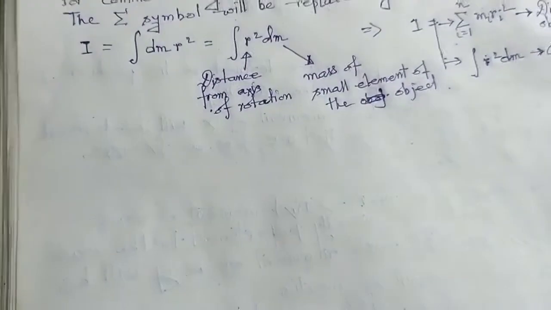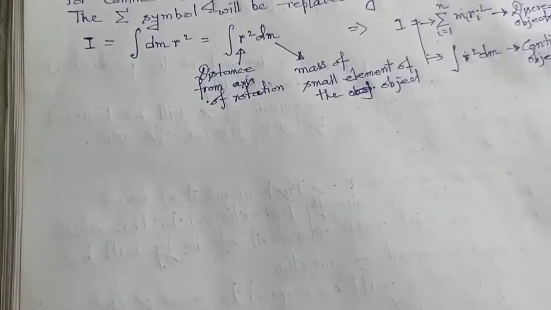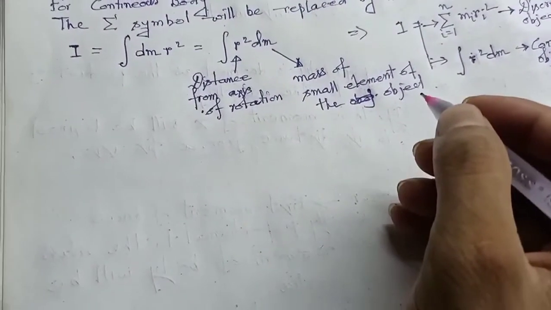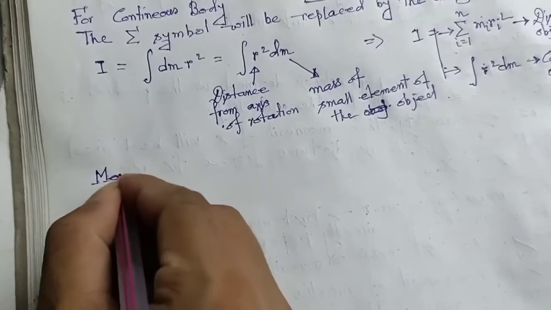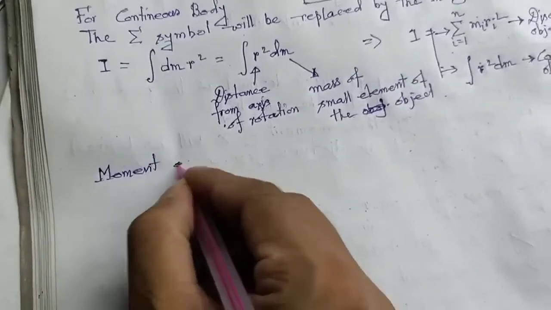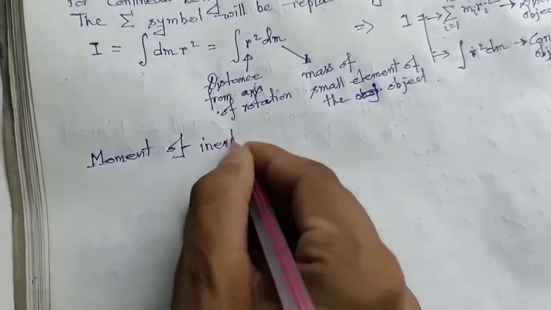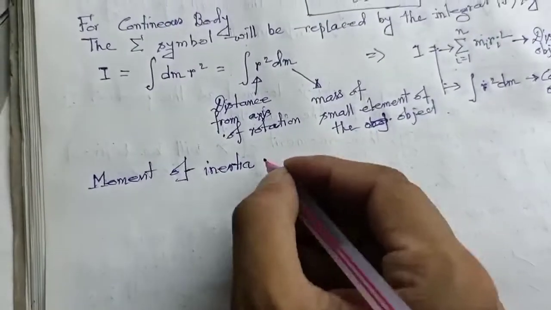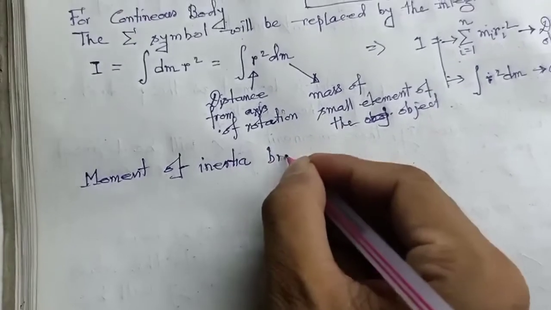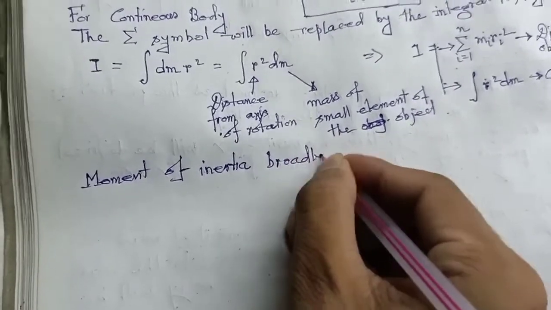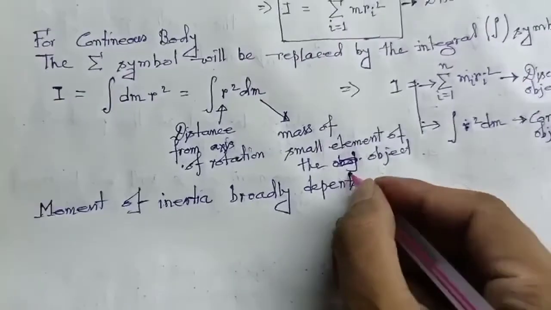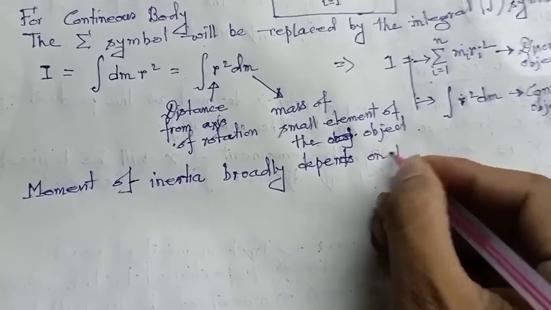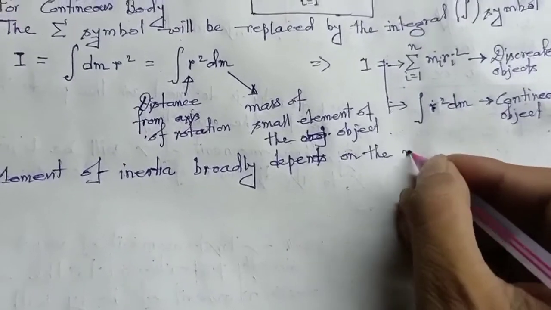For finding the moment of inertia of different objects, it broadly depends on the mass distribution.